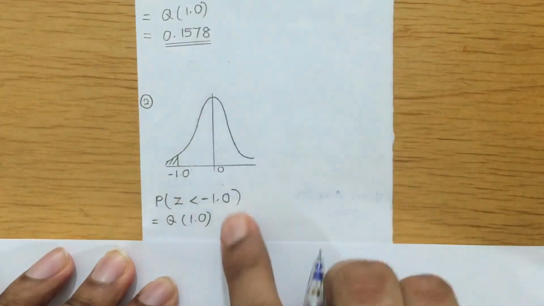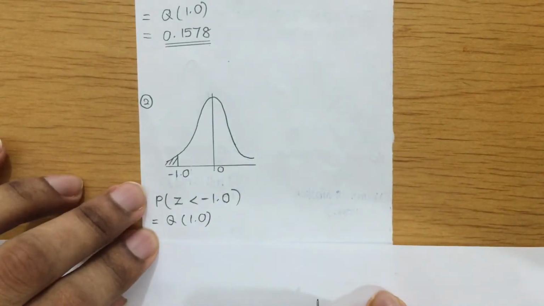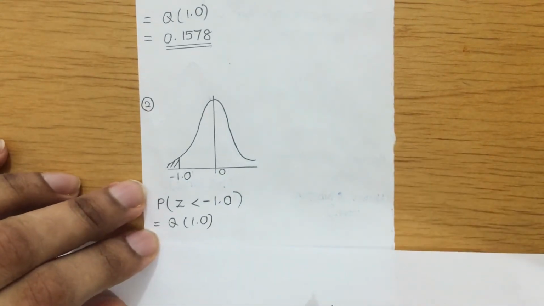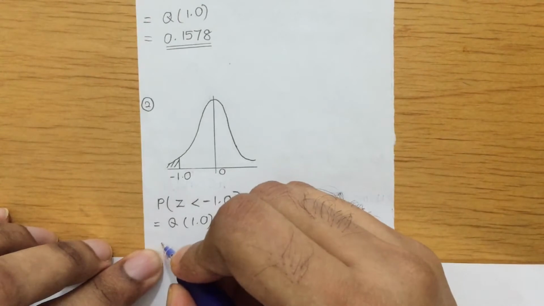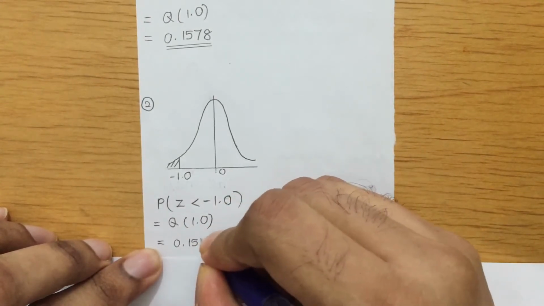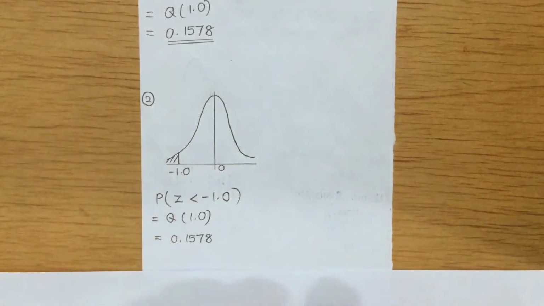It's the same. The upper tail Q(1.0) we have already found just now is 0.1578. So the answer is actually the same, which is 0.1578. So this will be your answer.